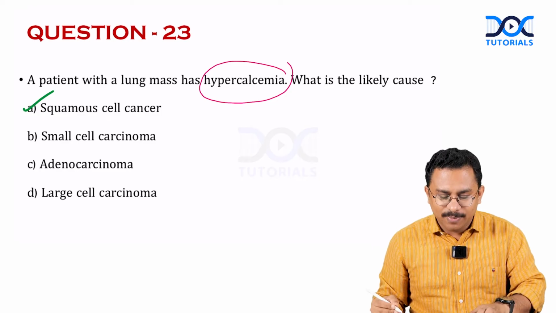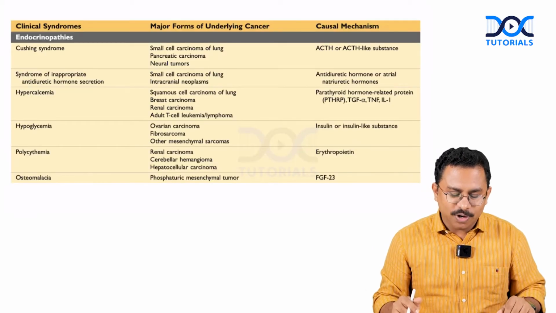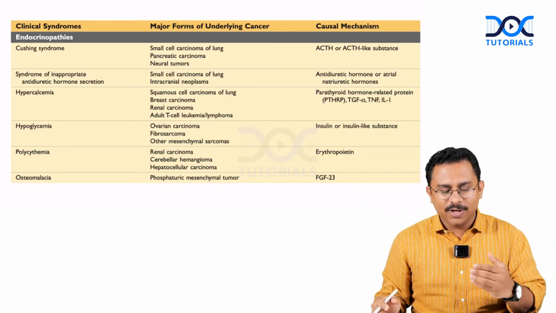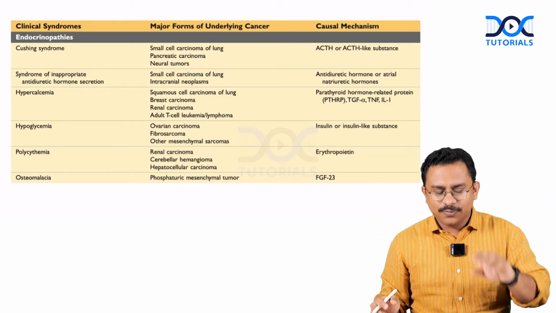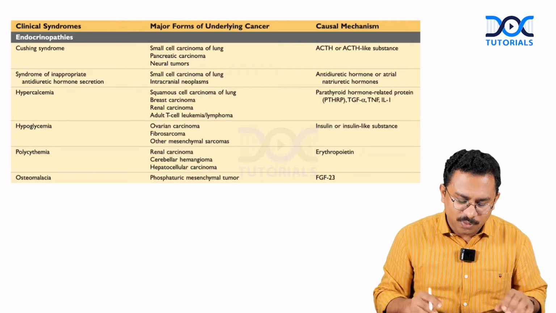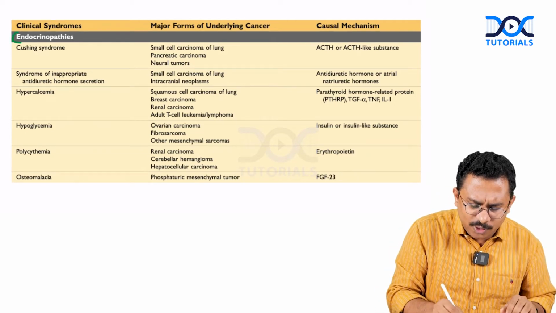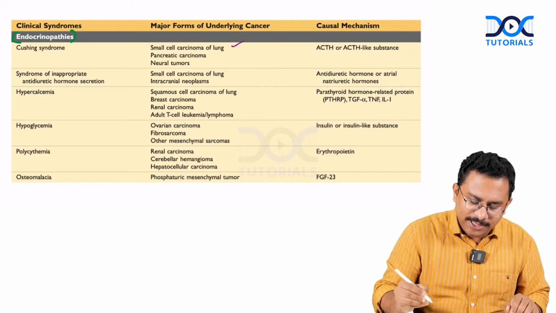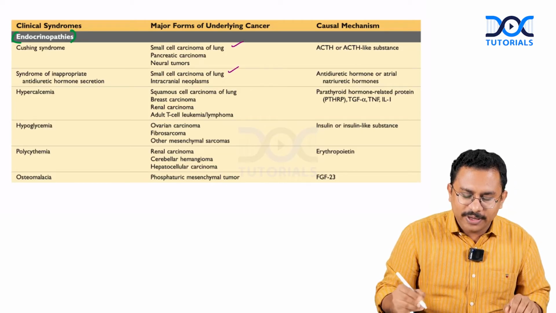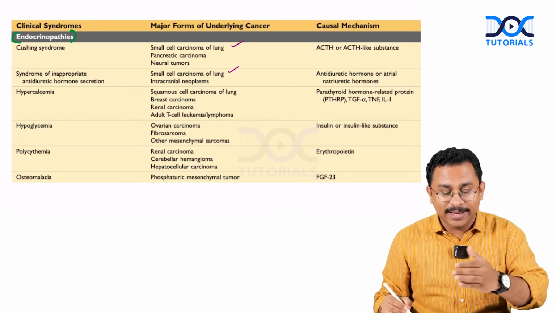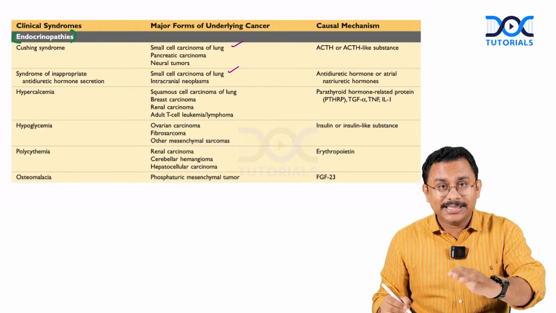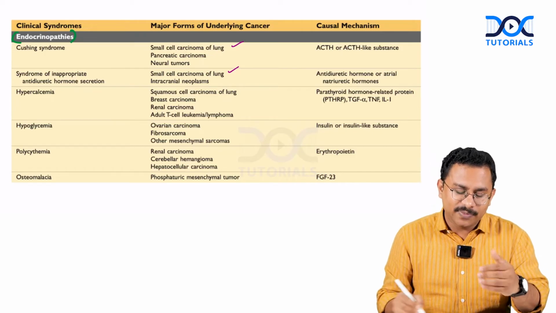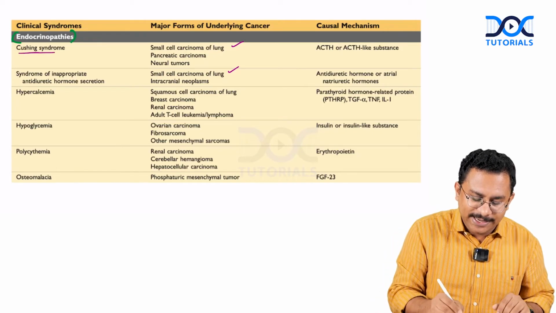I'll just show you this table from the Robbins textbook of pathology. It's actually a very big table on the various paraneoplastic manifestations. I'm just focusing on the one part alone, that is the endocrinopathies part alone. So you can have Cushing syndrome, you can see small cell lung cancer, syndrome of inappropriate ADH secretion, also lung cancer. There are certain other malignancies also, but I just want to tell you that small cell lung cancer is associated with Cushing and SIADH.